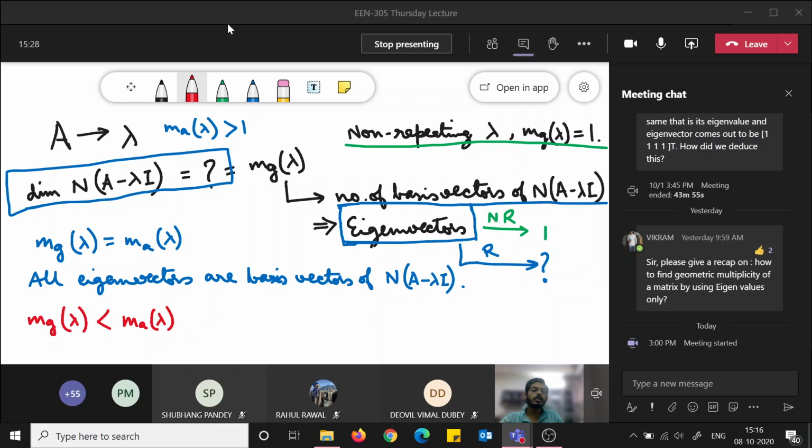So what about those additional vectors which we have missed? We need to find them by doing some additional work, and that additional work is what we have shown in the lecture videos, which I will again illustrate here. Okay, what we need to do. I don't have a ready example.